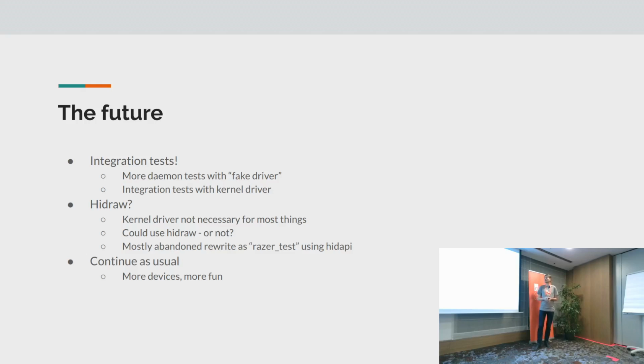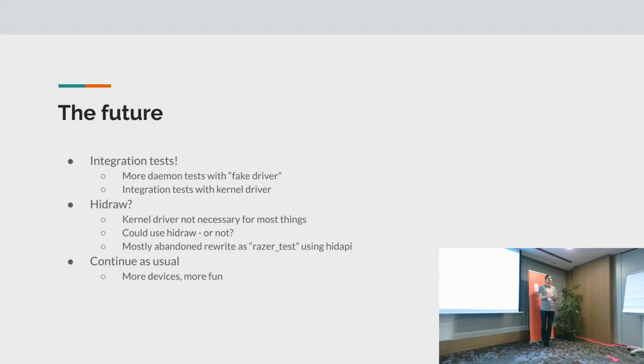For this kernel driver testing, which I didn't really go into, a guy made a script that emulates the USB device, so the kernel driver can actually talk with it.